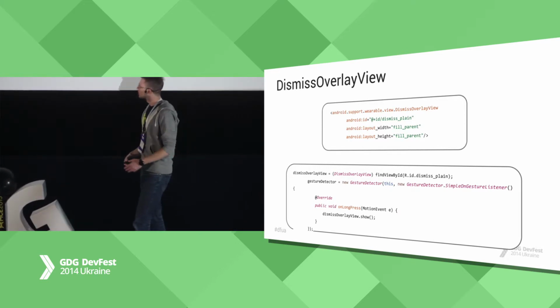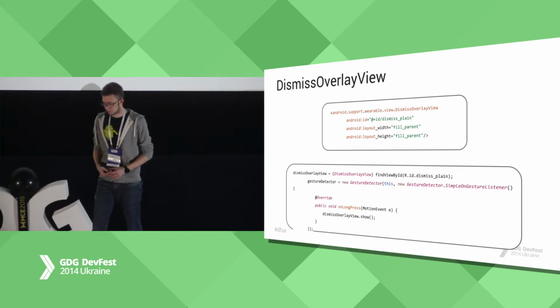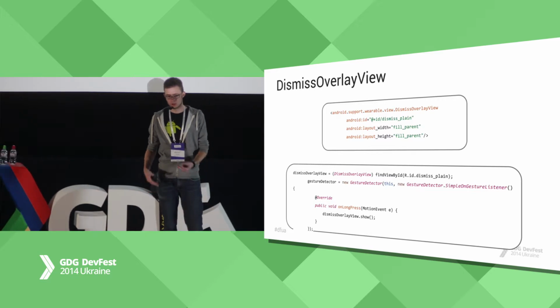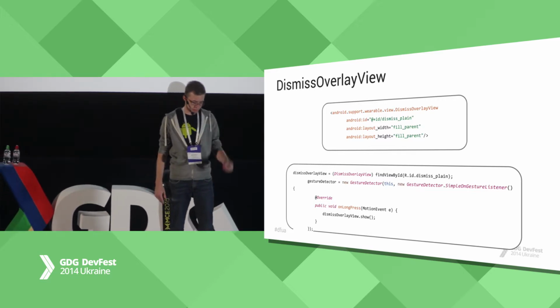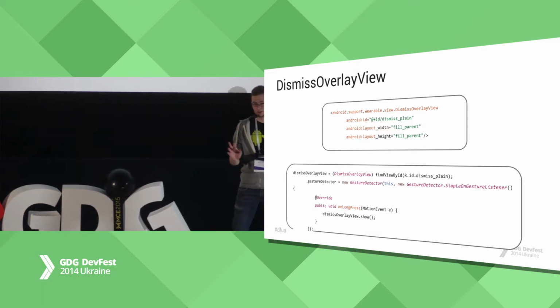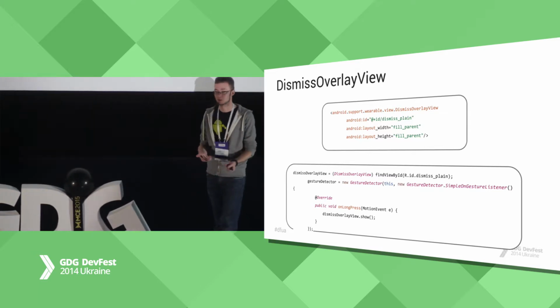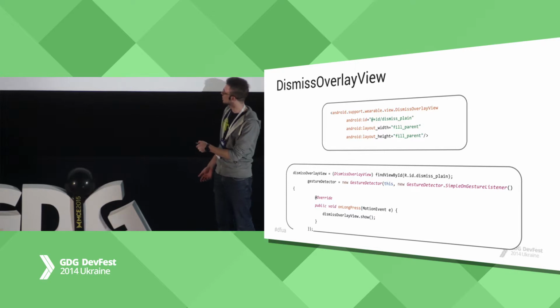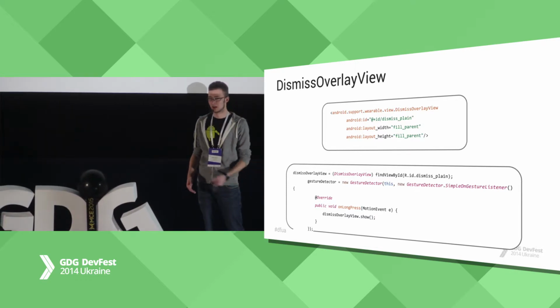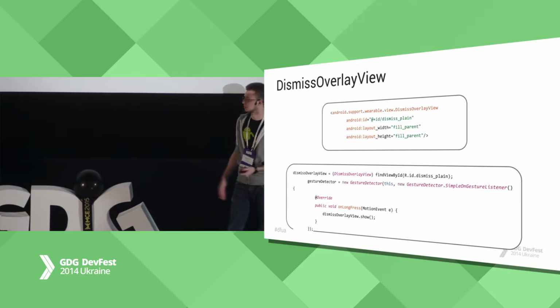So I put it there because probably the most common pattern in which you will use the dismiss overlay view is gesture detector. So the second recommended thing to exit our app is long press. So we just react and show the dismiss overlay view, and it will handle our activity finish, just like that.